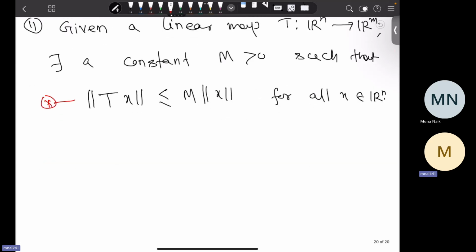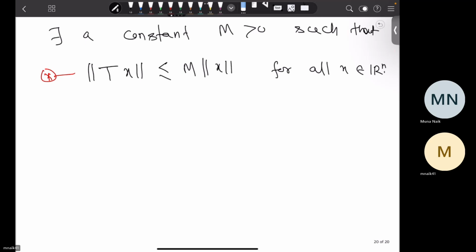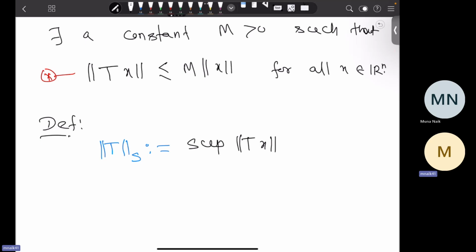Now T is a linear map, and we define the norm of T, without yet proving that it is a norm; we will prove this later. The norm of T is the supremum of the norm of Tx over norm x less than or equal to 1.